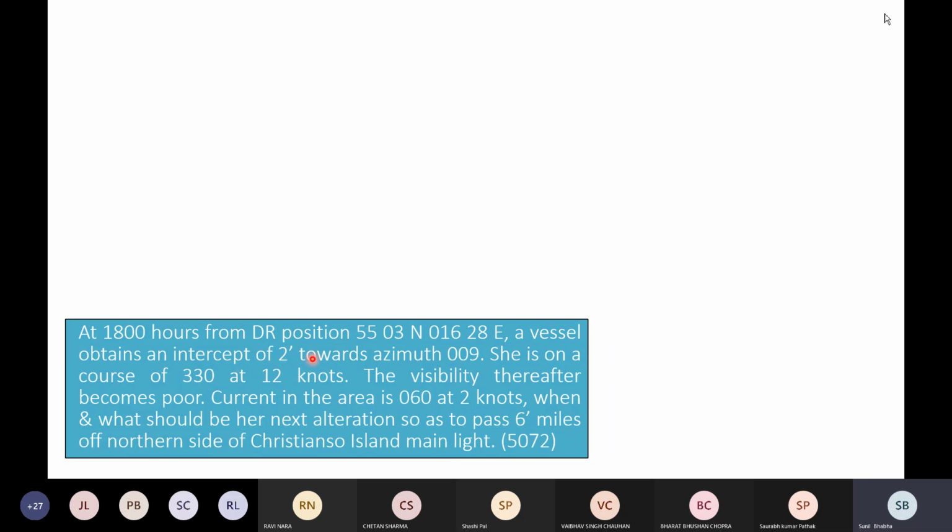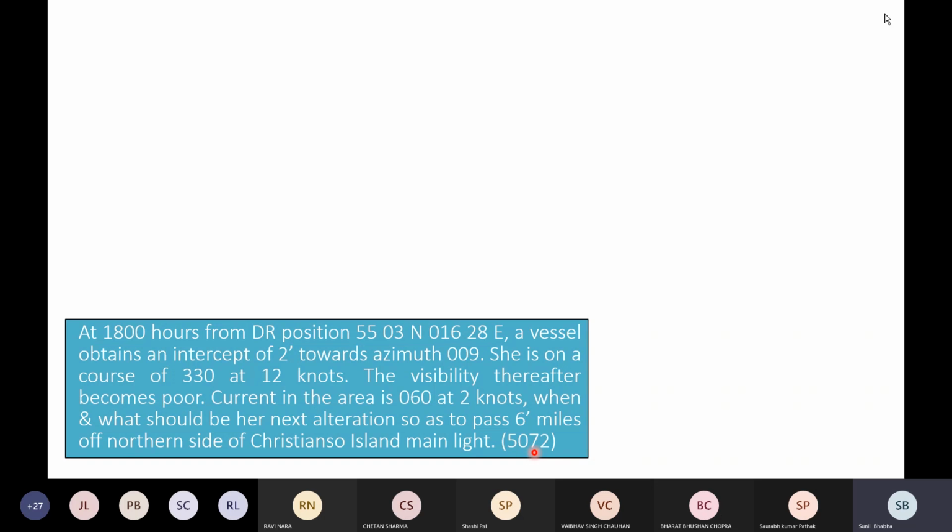They have given us a single PL. The initial position is not known to us, and they want us to find out the courses. The first course to steer is obviously given, but the time for alteration and the next course is required to be found out. Now this is based on chart number 5072.